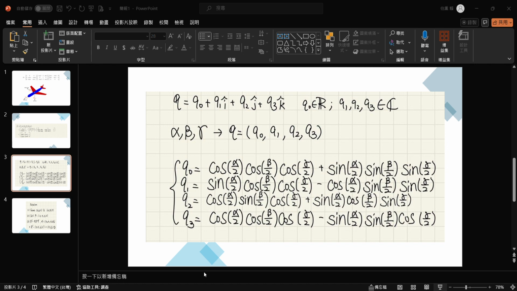The q prime, that is x prime, y prime, z prime, is what we really want when we rotate by the angles defined by alpha, beta, gamma.